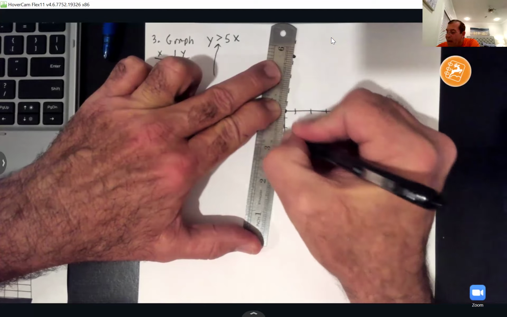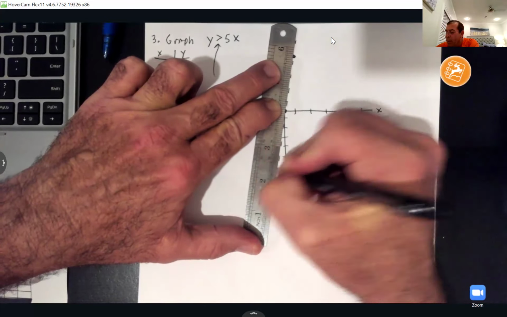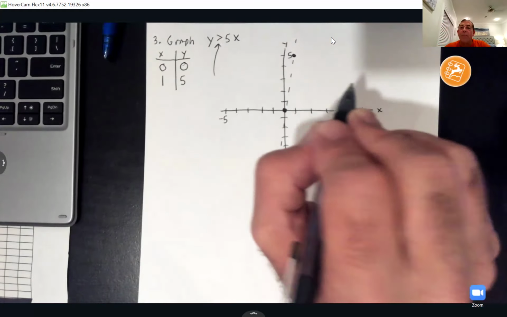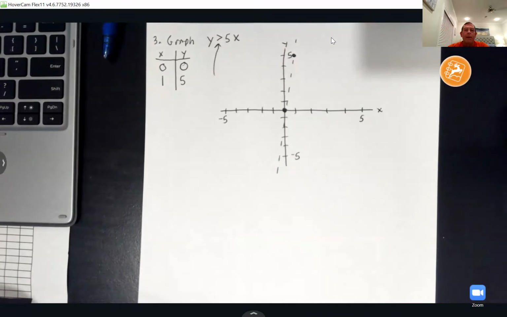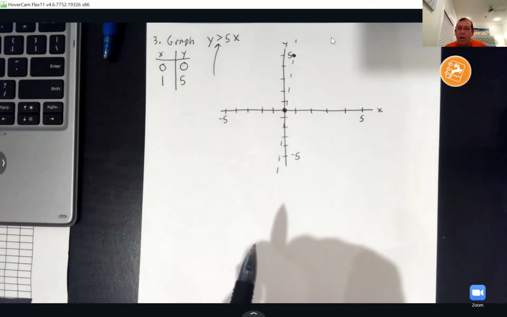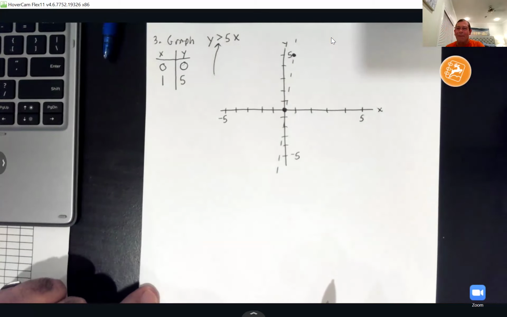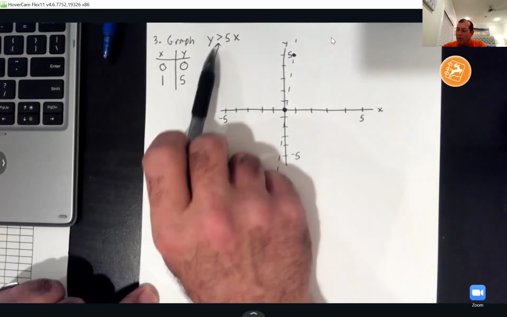Now remember on MATLAB for this one, you would have to choose the dash line because it's going to be on solid by default, okay? All righty. Am I going to shade it above the line or below? So remember for greater. Noah?